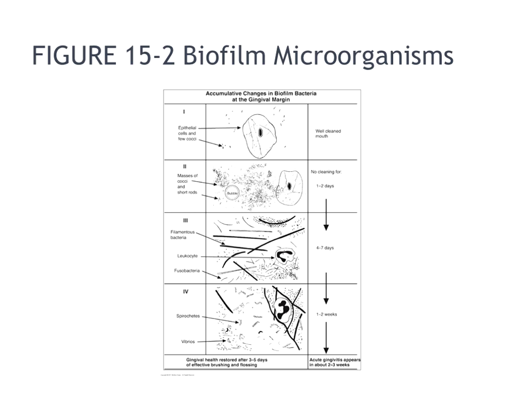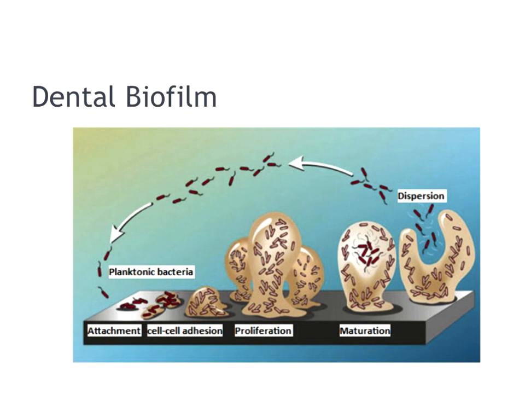And this is figure 15.2 of your textbook, which is more of a pictorial of the different types of bacteria with the different stages of biofilm accumulation. And this is one of the classic pictures of biofilm that you will see in a lot of continuing education courses and in the literature.